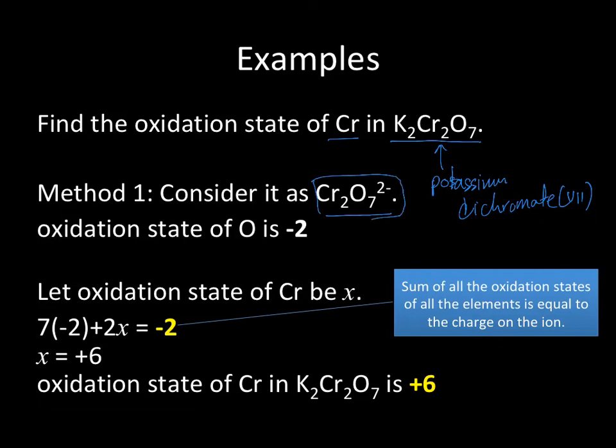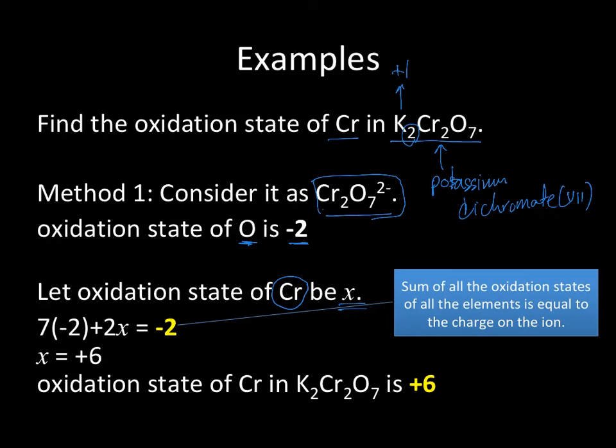We only consider the ion because K is +1 because it's in group 1, right? So you need 2 potassium to balance, so Cr2O7 would be 2 minus. I know that my oxidation state of oxygen is -2, so that's something I know, I write it down. And I let the oxidation state of what I want to find, the unknown, be X. And here I then form an algebraic expression.